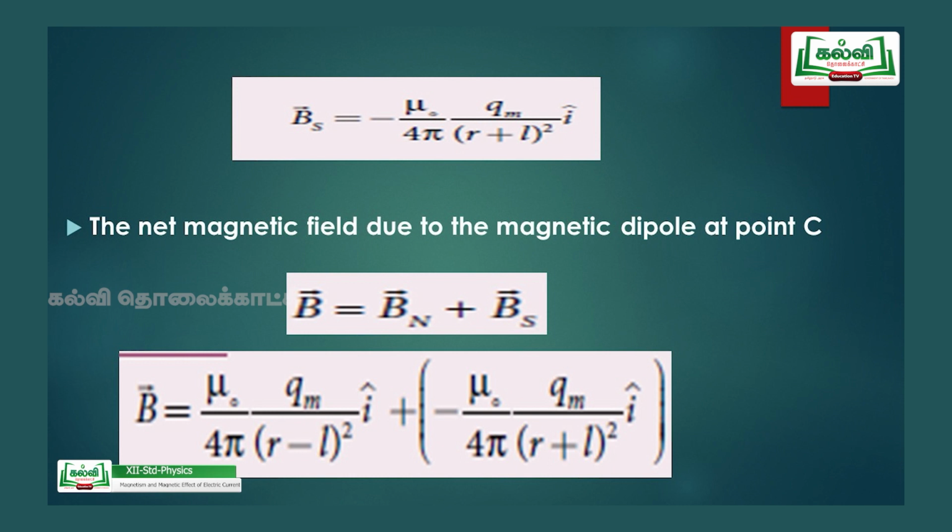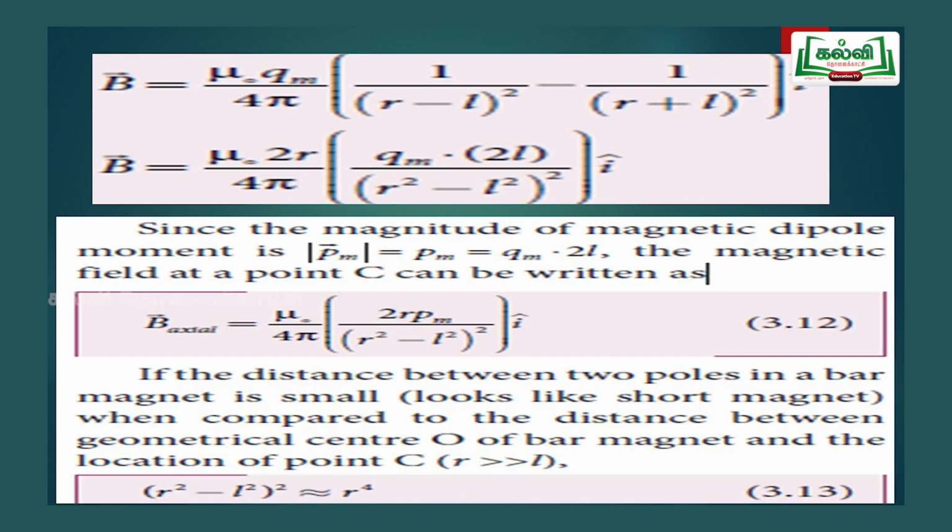This part is fully mathematical simplification. Using the formula (R plus L) into (R minus L) is equal to R square minus L square, we get a final result. Finally we substitute the magnetic dipole moment Pm is equal to 2 into Qm into L, which also carries a mark.